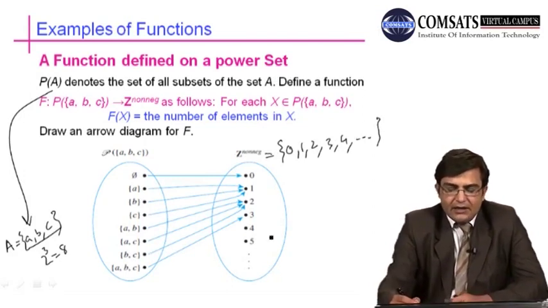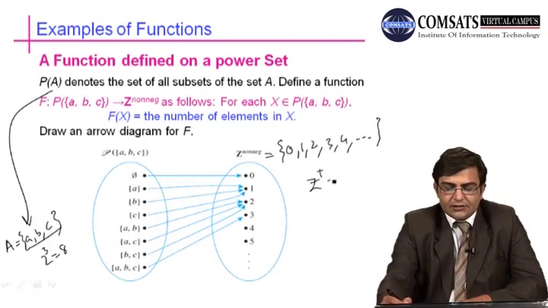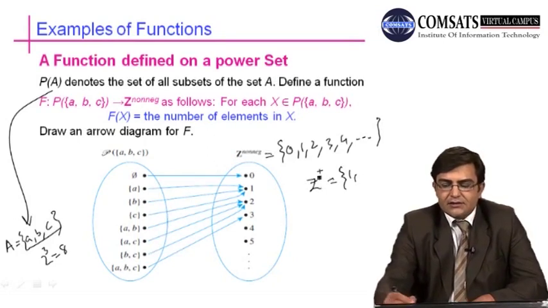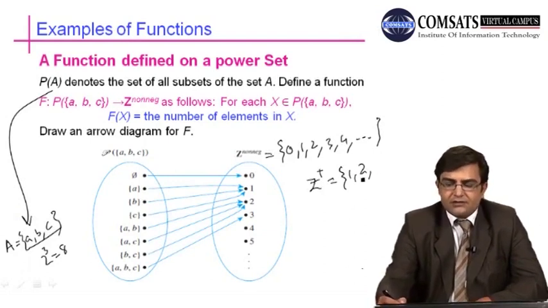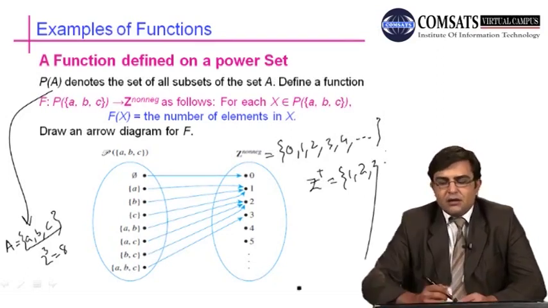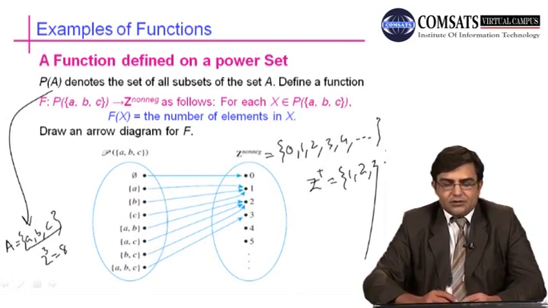But if we say Z positive, then this set doesn't contain 0. It starts with 1, and contains 1, 2, 3. So this is the difference between non-negative integers and positive integers.